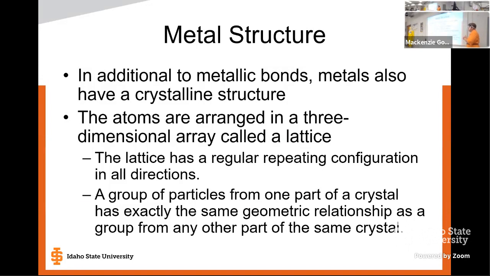Couple properties of crystals. That lattice is going to have a regular repeating configuration in all directions. So we're going to have at the atomic level throughout the entire piece of metal this repeating structure, which means if we get stress in a certain part of this lattice that starts to cause a deformation, we're going to have a weakness, right? Because we've now broken into our very strong repeating lattice structure in that crystal.